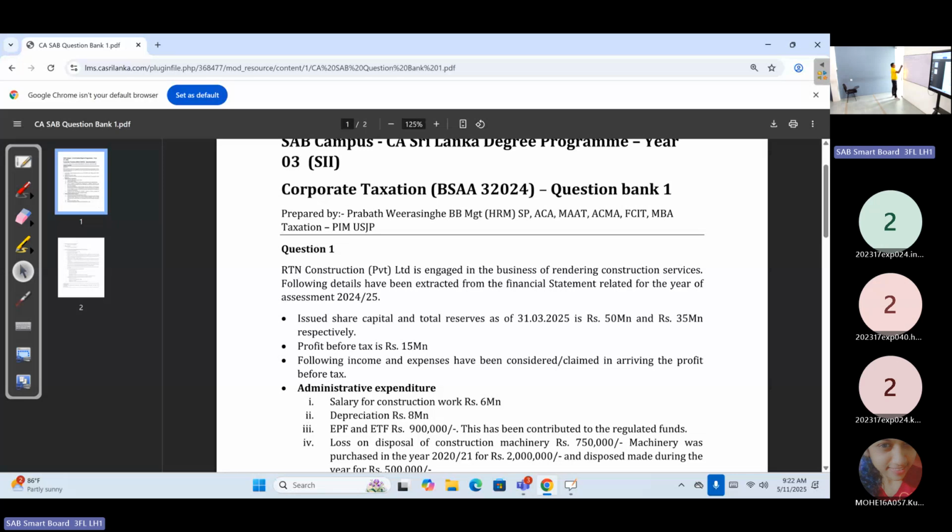Profit before tax: how much? 15 million.